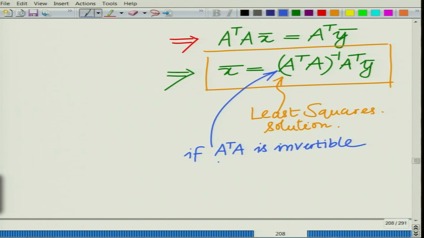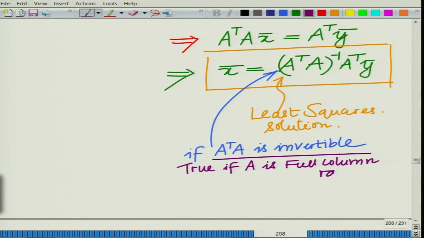Remember, this holds if A transpose A is invertible, which is true if A, we will not prove this explicitly, has full column rank, that is, the rank of A is equal to n, the number of columns.